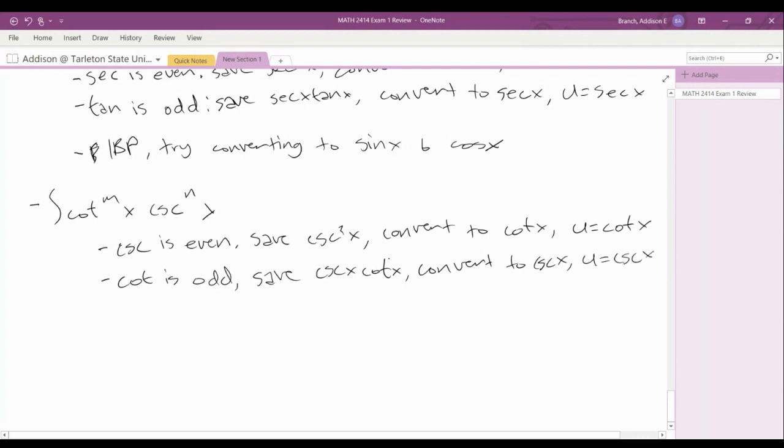Now, once again, if you get stuck, try integration by parts, or try converting to sine and cosine. But the big thing if you run into this is to make sure to check your signs, because there are a lot of negatives when you start messing with cotangent and cosecant. So just make sure you really pay attention to your signs on those.